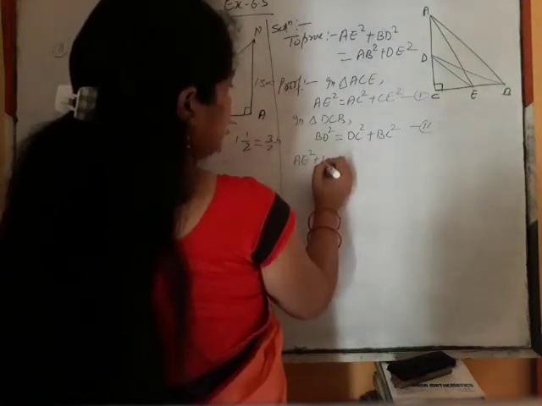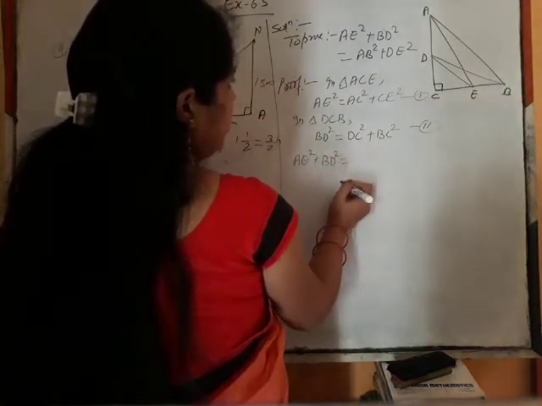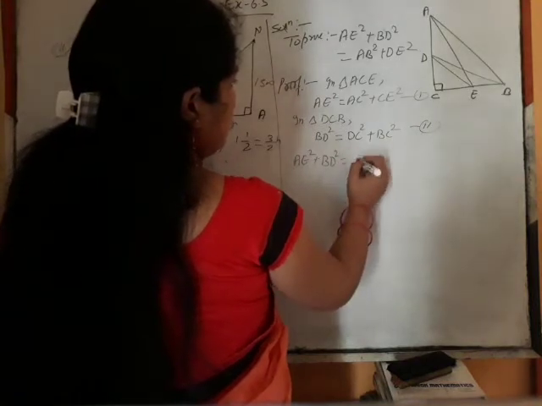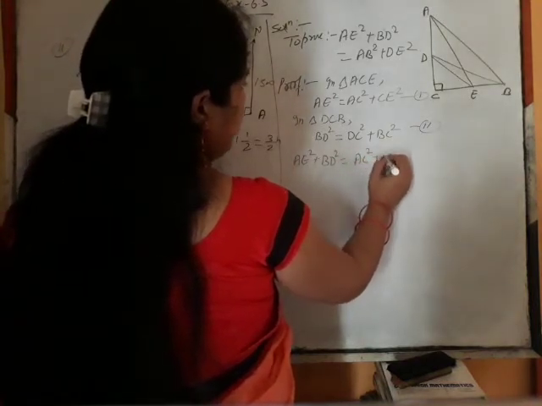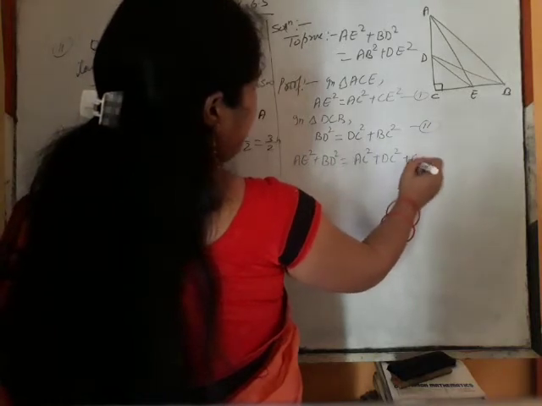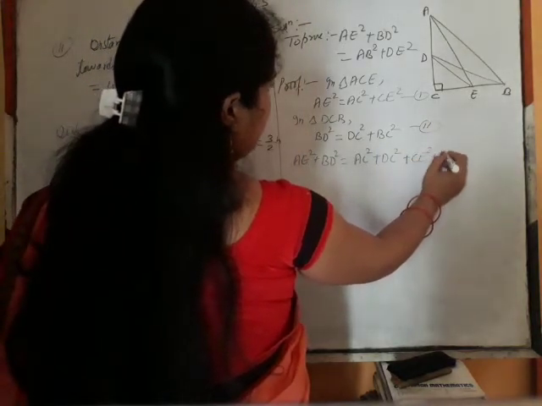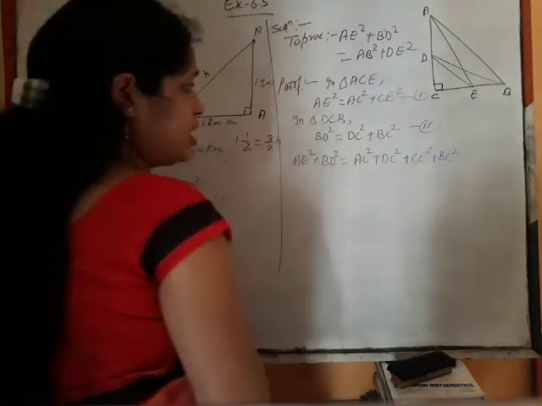So we will get AE square plus BD square is equal to AC square plus DC square plus CE square plus BC square.